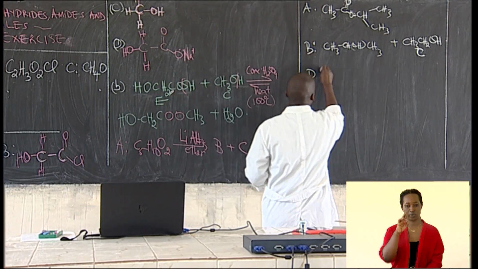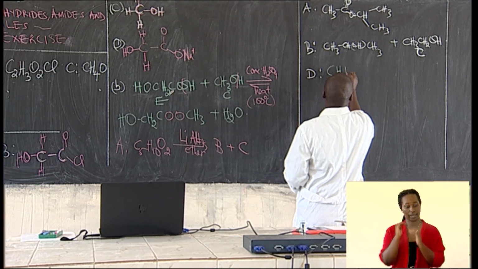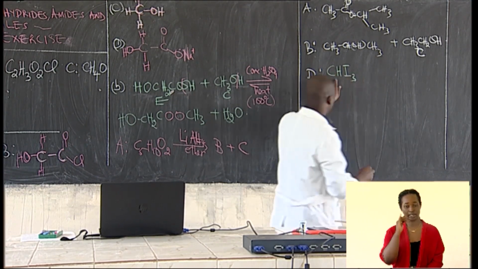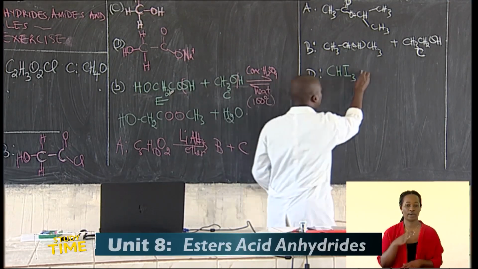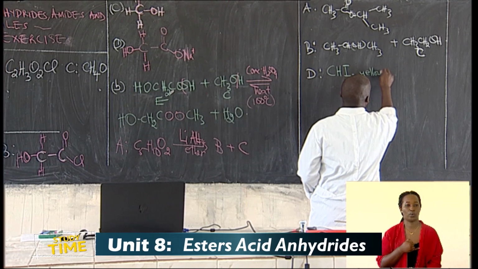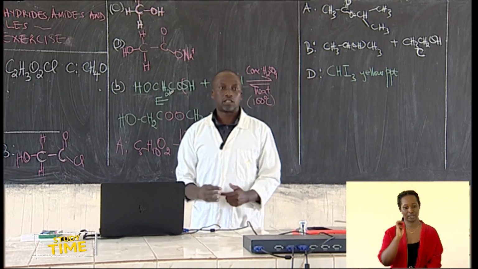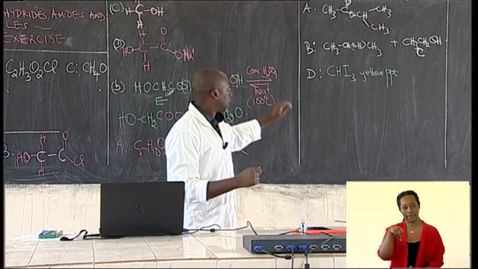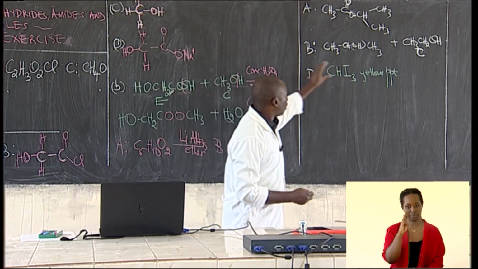So D will be CHI3. This is a yellow precipitate, or pale yellow orange crystalline solid. It is in solid form. So these are the compounds.